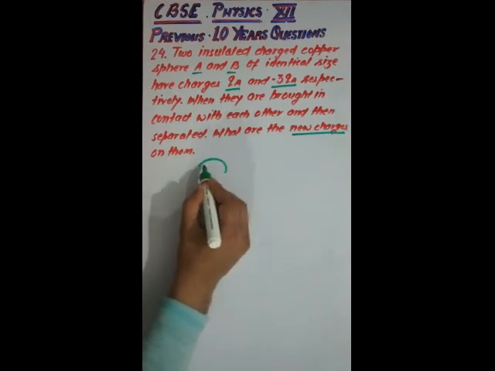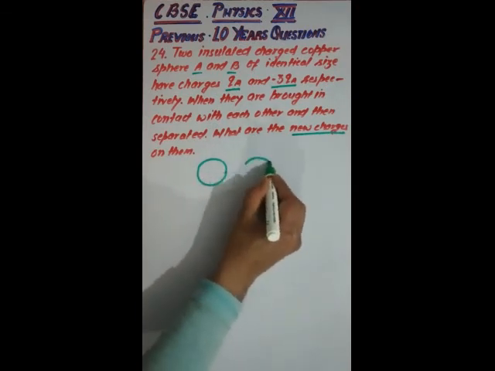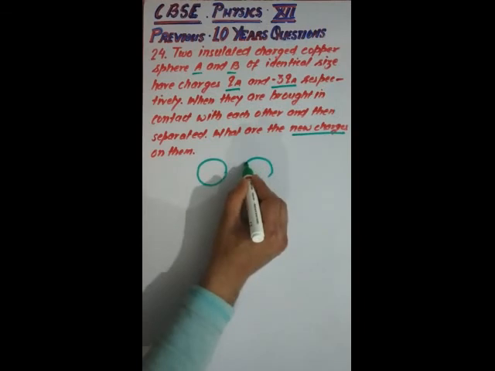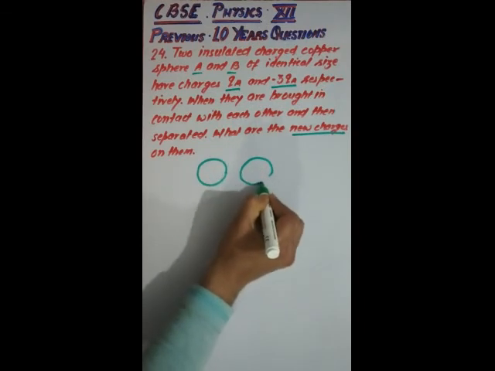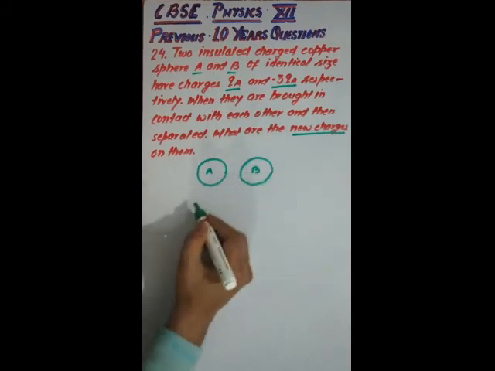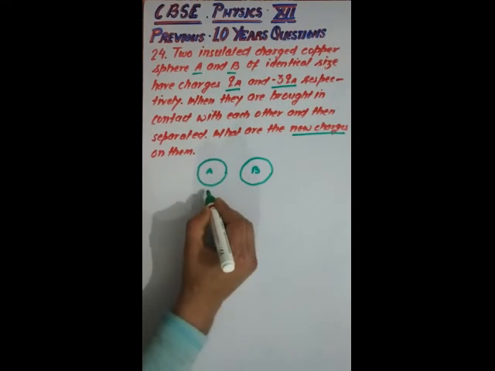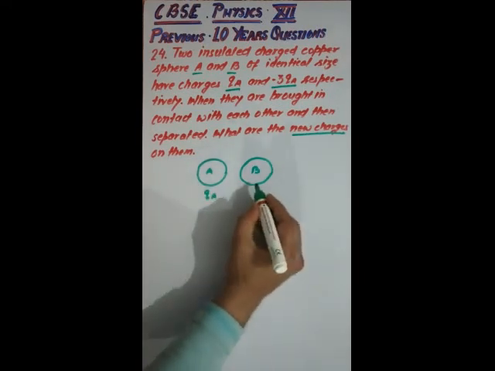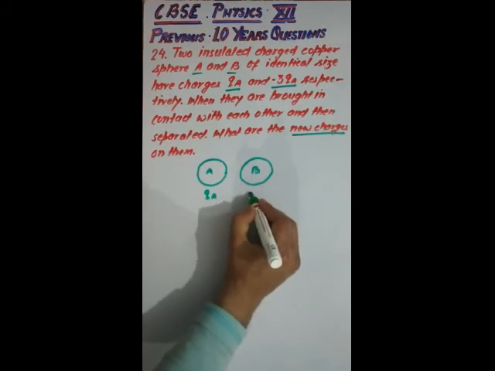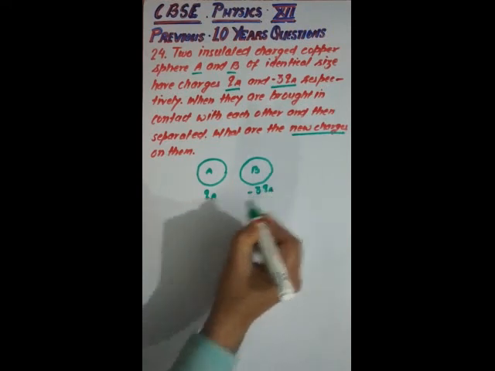Suppose these are spheres A and B. The charge on sphere A is QA and the charge on B is negative 3QA.